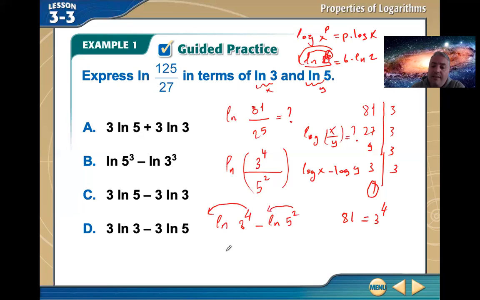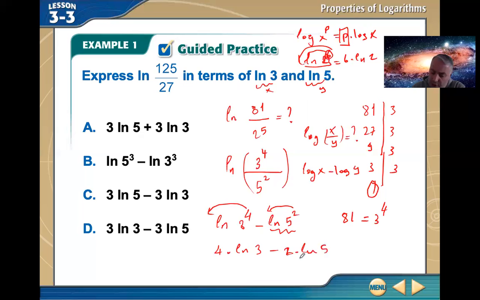What can I write? Think a bit. Before ln, we should write the power. What is the power? 4. 4 times ln 3. Is it okay? Okay. Minus, now what about this? How can we write? 2 multiplied by ln 5.